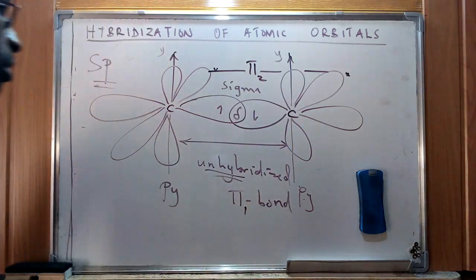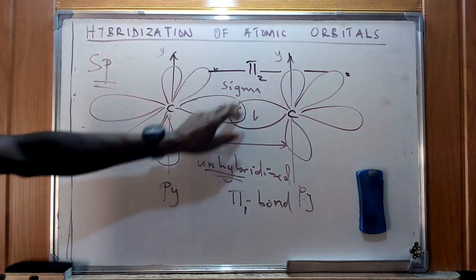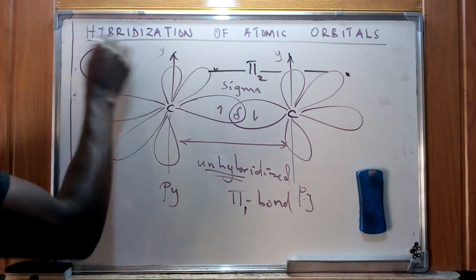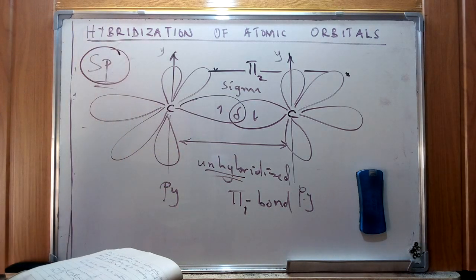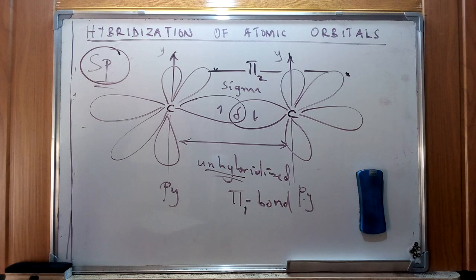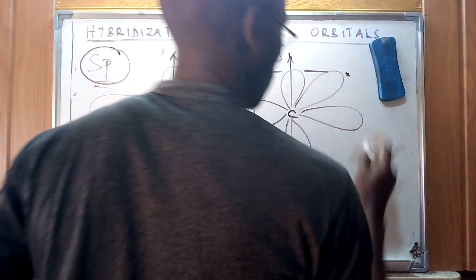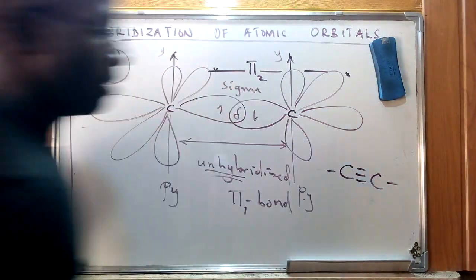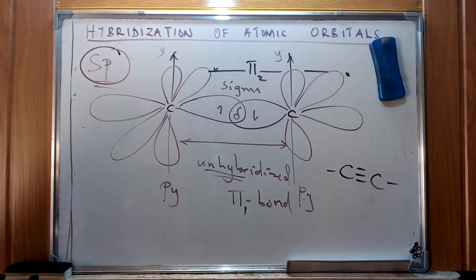This is the pi 1 bond. Therefore we're going to have 1, 2, 3 bonds in this particular case, and this is going to give us the sp hybridization of this orbital. And this kind of hybridization is responsible for the formation of triple bonds, especially in the class of compounds that we refer to as alkynes.